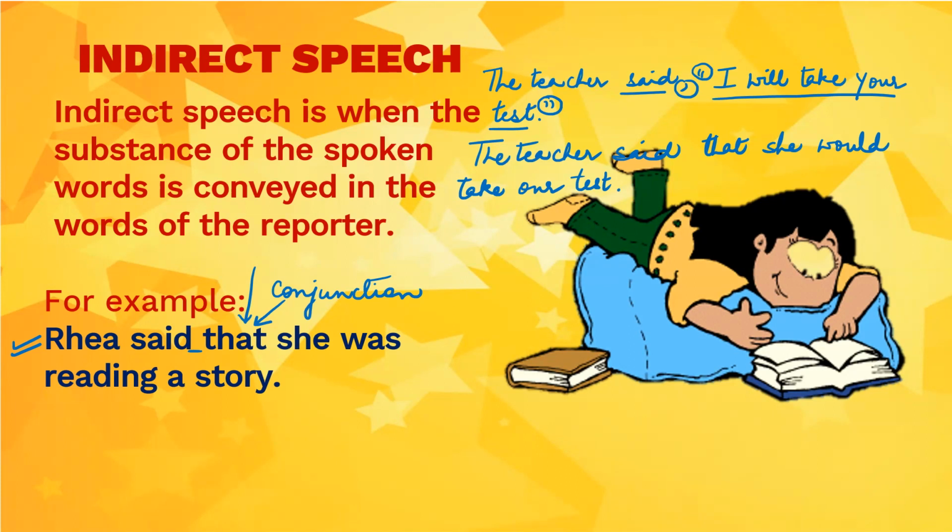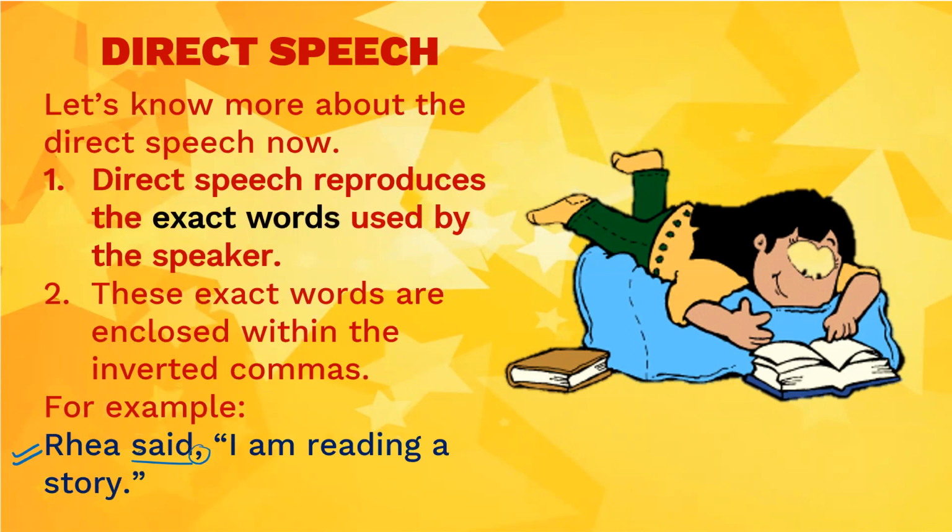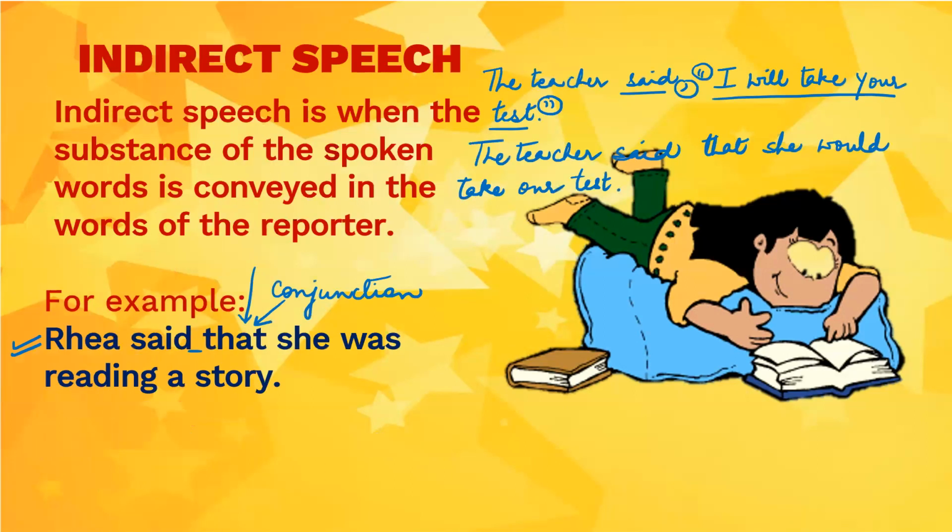So you see, earlier Ria said, "I am reading a story" was our sentence. Now, when we are talking about Ria, because it is now conveyed through us, Ria said that she was reading a story.